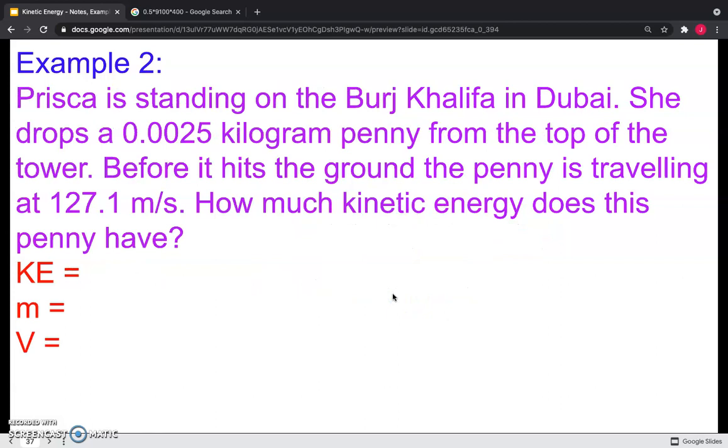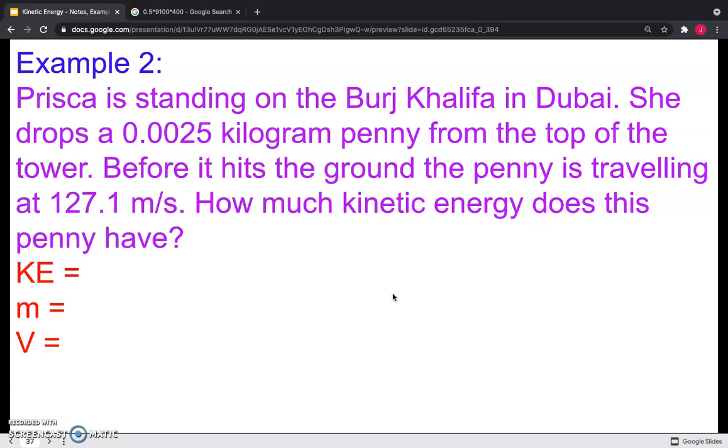Up next is Priska. Priska is standing on the Burj Khalifa in Dubai. That's the tallest building in the world. She drops a 0.0025 kilogram penny from the top of the tower. Before it hits the ground, the penny is traveling at 127.1 meters per second.